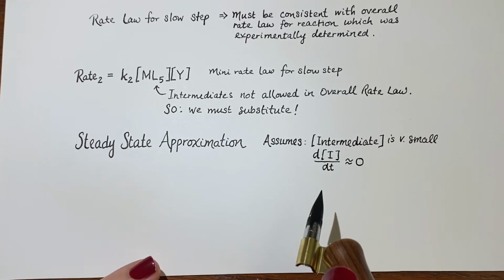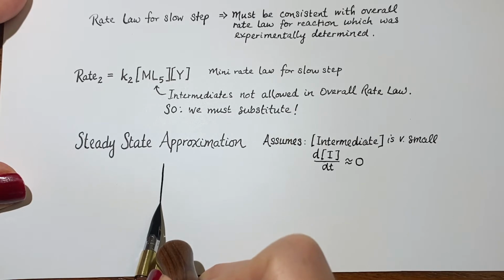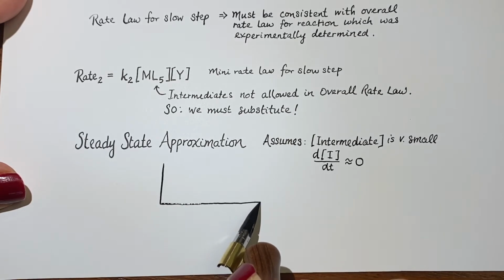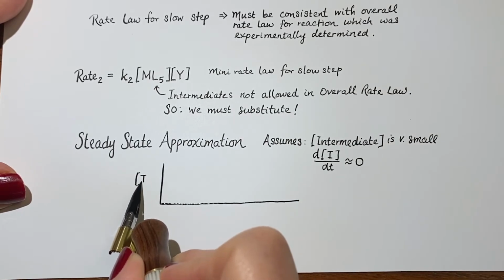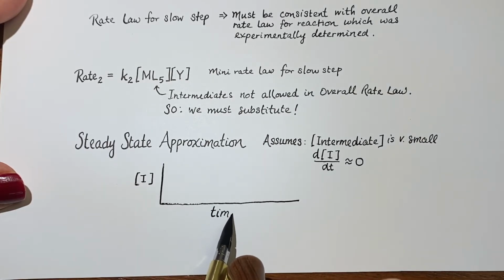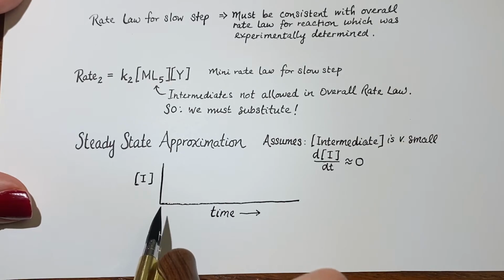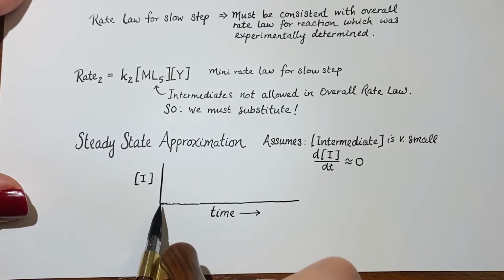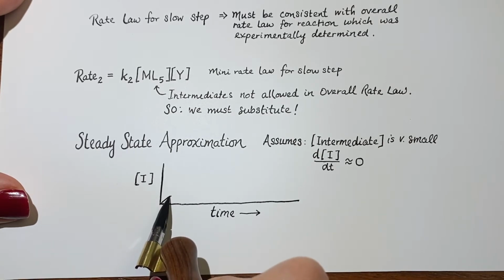So during the course of the reaction, you could look at it this way. Here, let me draw a plot. If we were to plot out the concentration of the intermediate, and we're looking at time over the course of the reaction, when the reaction first begins, there's no intermediate. It hasn't had a chance to form. So it would be at zero. But intermediate begins to form, so it goes up, but then it will flatten out.